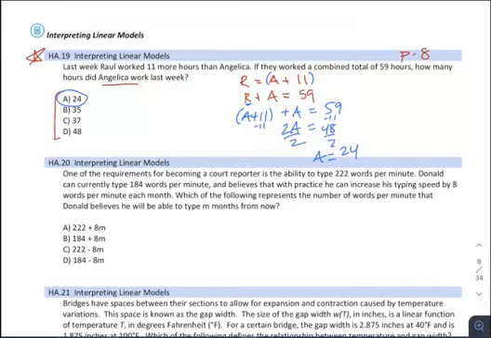Now, more than likely, I wouldn't solve it this mathematical way. What I would probably look to see is, when I scan the answer choices, I see that all my answers are numbers. So I know that one of these is the value for A. Well, if Raul worked 11 more hours than Angelica, then he worked here. 11 plus 24 is 35, 11 plus 35 is 46, 11 plus 37 is 48, and 11 plus 48 is 59.